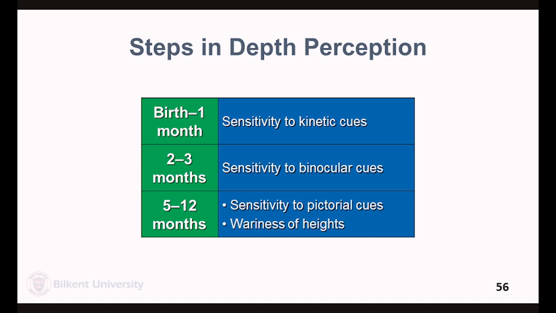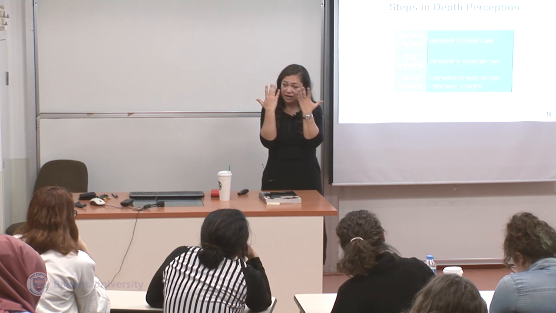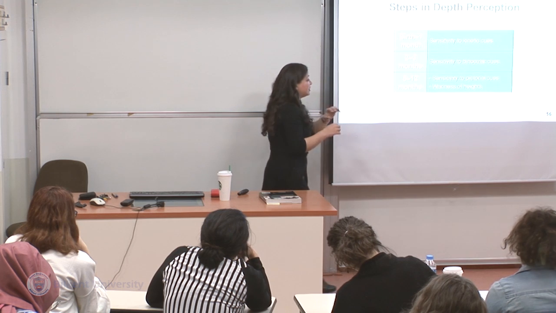Birth to 1 month, they're sensitive to kinetic cues of things that are moving. At 2 to 3 months, they start becoming more sensitive to binocular cues, meaning both eyes have different images. The brain actually takes them and puts them together to start giving you what? Depth perception, right? So infants at 2 to 3 months start becoming sensitive. It still develops to binocular cues, using images from the two different eyes to get more of a three-dimensional feeling of what there is.